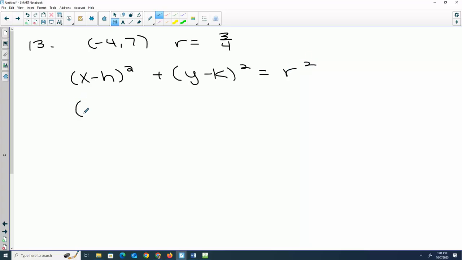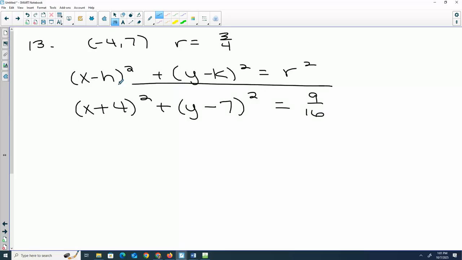So if we plug in, what's my h value? -4, so it becomes x plus 4 squared. Y minus k is 7 squared. Equals r squared. 3/4 squared will give me 9/16. And that's all I'm looking for on that one. Just plugging in your numbers.